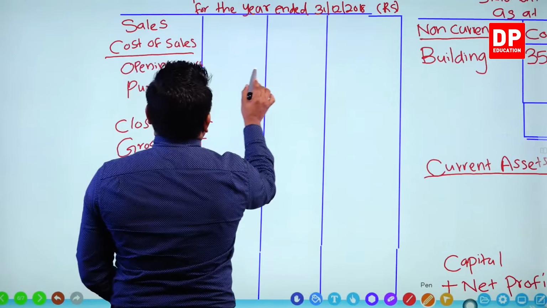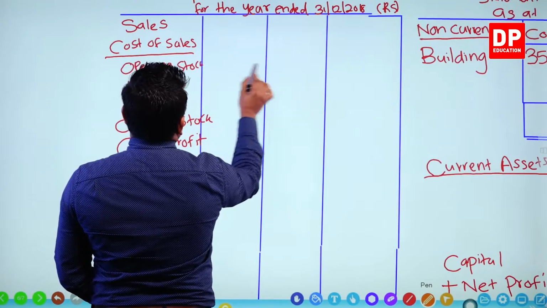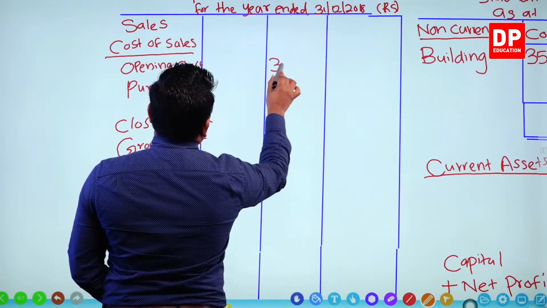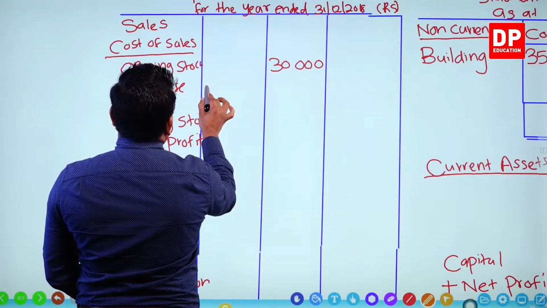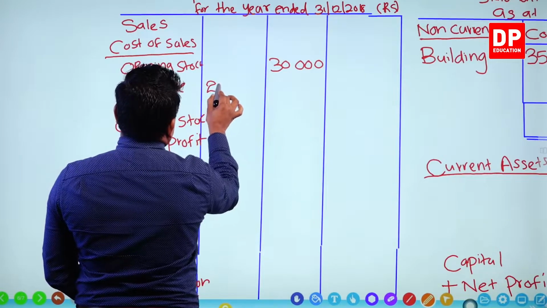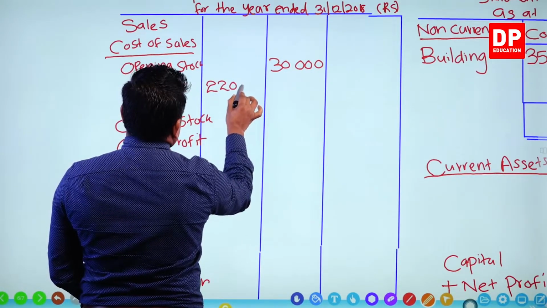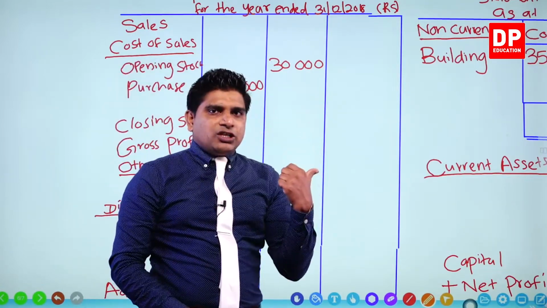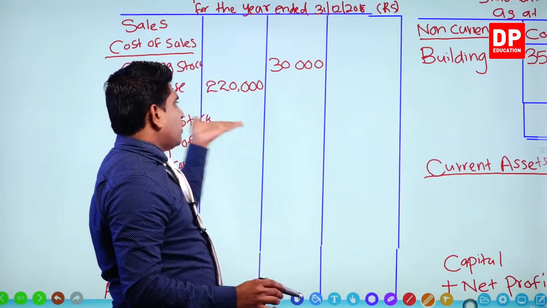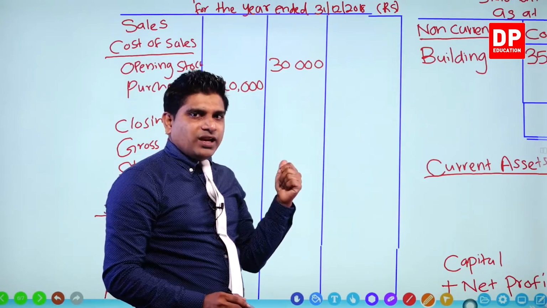Opening stock 30,000. Purchase how much? 20,000. If they have given purchase related expense, we can write under this. After that, total we can bring to the middle column, right?